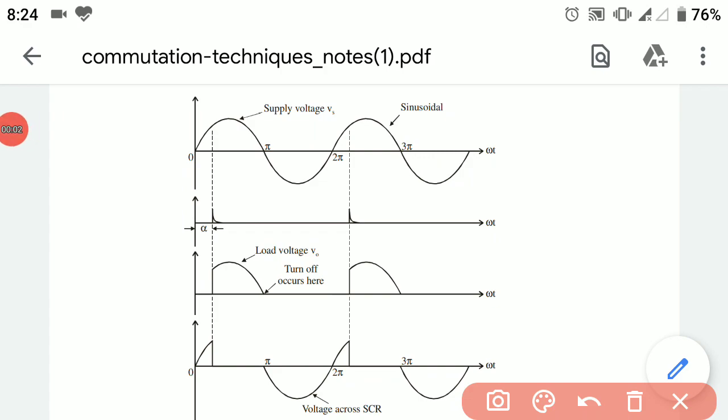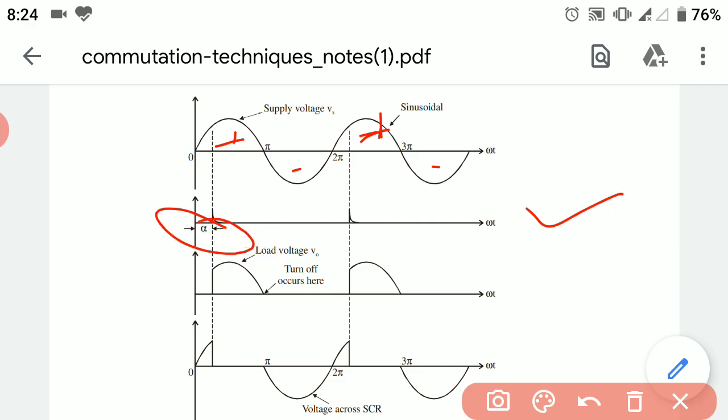This is the waveform for the natural commutation process. The first is the input voltage, that is, the AC voltage. It has positive and negative peaks. The second waveform is the waveform for the thyristor, in which we have set a firing angle.